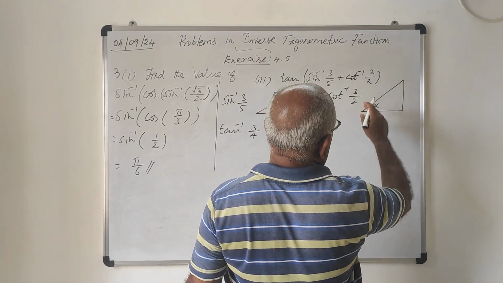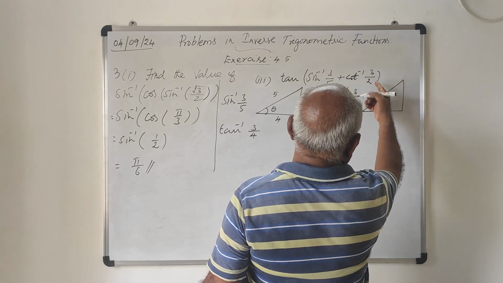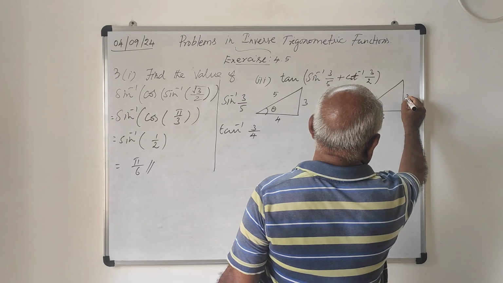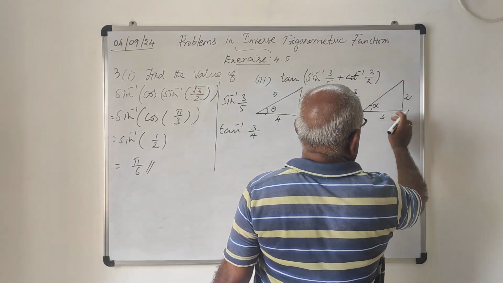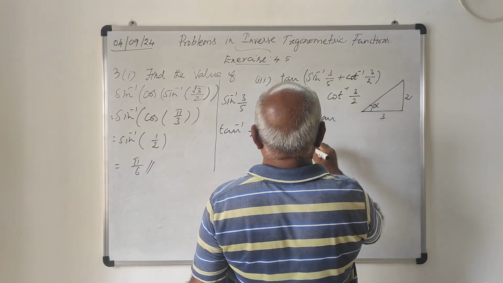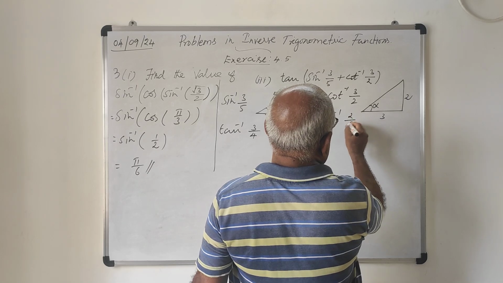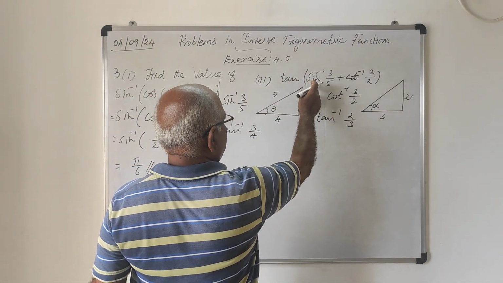Cot is adjacent by opposite. Cot theta is 3 by 2, adjacent by opposite. From this, tan inverse of opposite by adjacent, that is 2 by 3. So these two expressions can be replaced in terms of tan inverse.